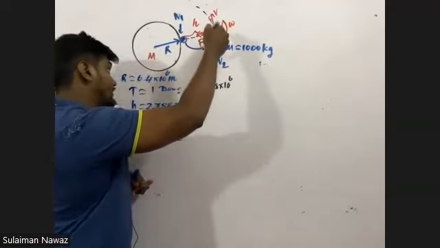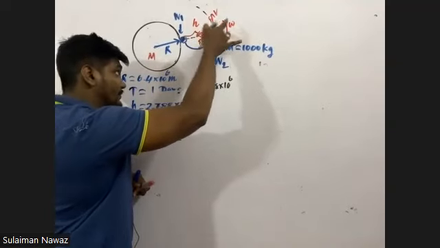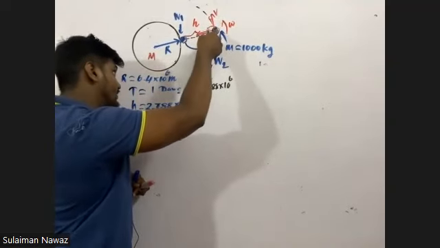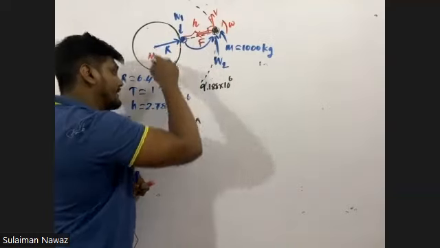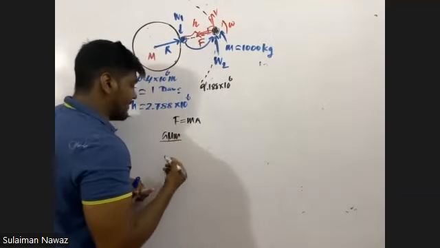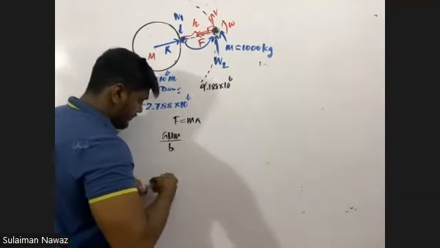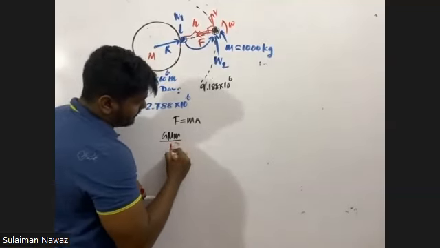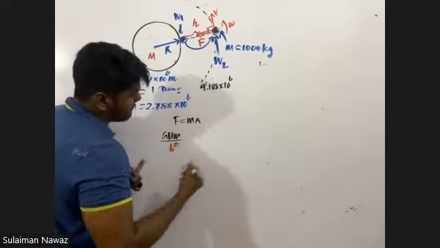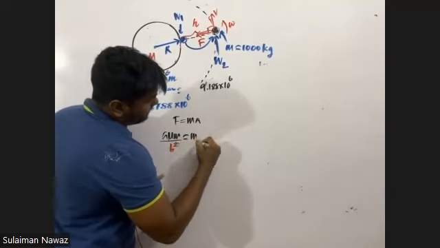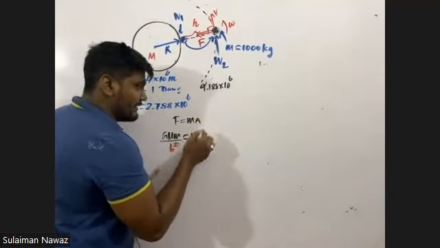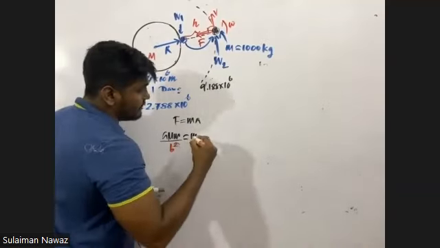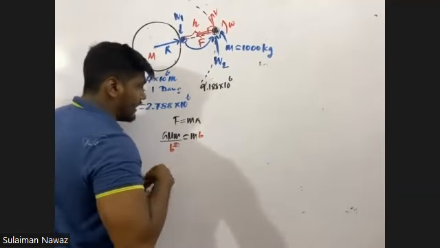Now think of the total distance. Your satellite is geostationary. Let's say the distance from the center of the Earth to the satellite is small b, so b squared, small m. Centripetal acceleration I consider r omega squared, that means b omega squared.